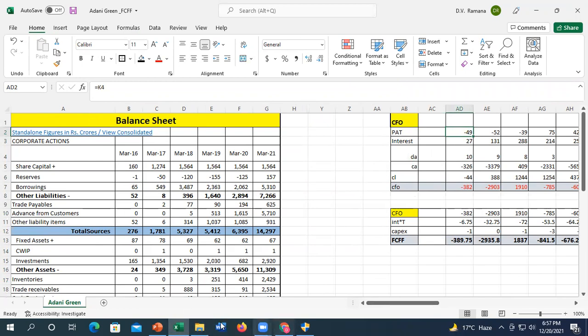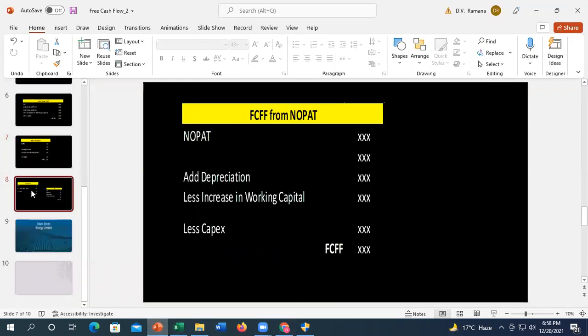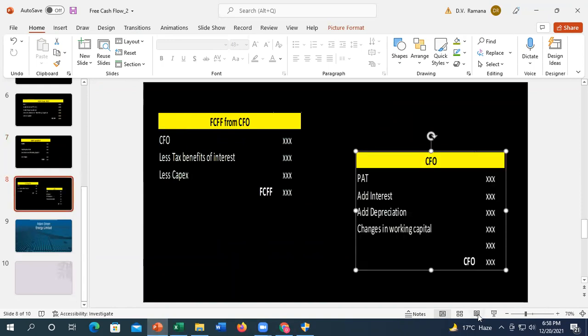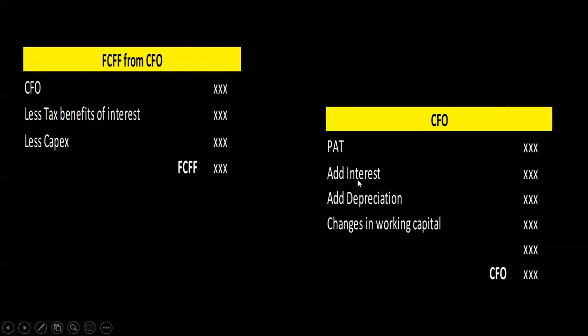CFO, as we mentioned here, is equal to adjusted PAT. Adjusted for what? Adjusted for interest, adjusted for depreciation and amortization, and adjusted for changes in the operating working capital.